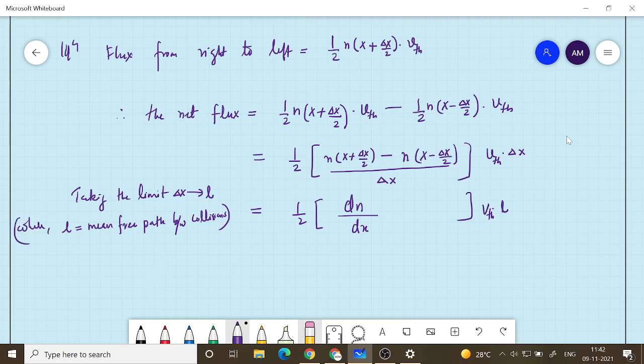Okay, so tau is what? Tau is the mean free time between collision, and L is the mean free path. So the relationship between L and tau: L is the mean free path between collision, that will be equal to mean free time between collision multiplied with the thermal velocity.